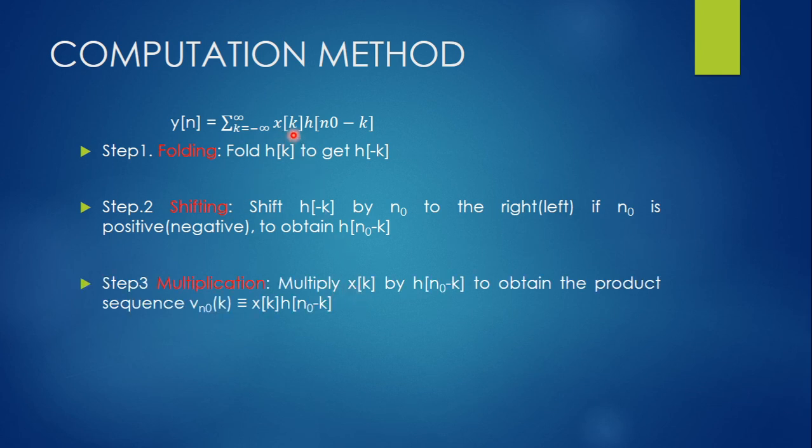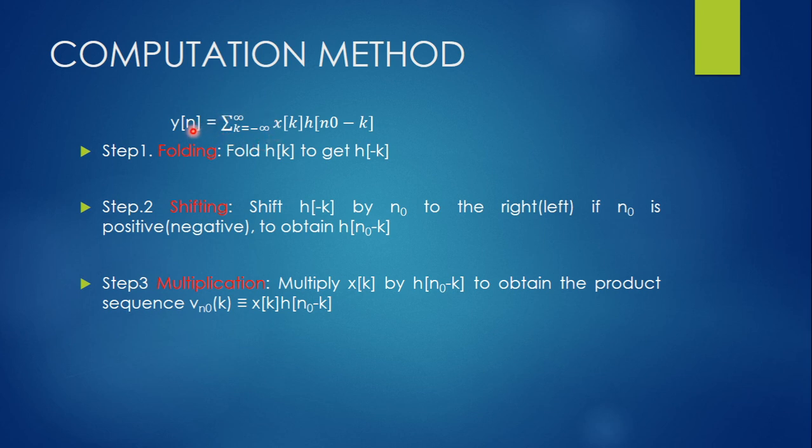Then x[k] is multiplied by h[n0-k] to get a sequence termed v[n0,k], that is equal to x[k]h[n0-k]. Then we do the summation of this sequence to get the output, because here it is the summation.